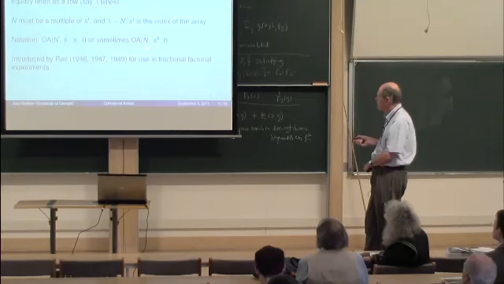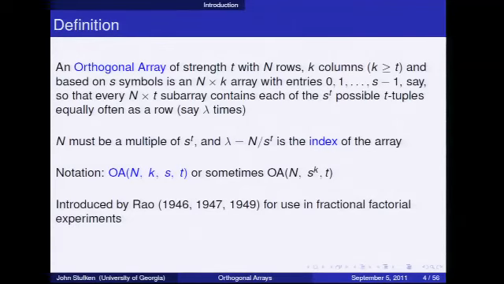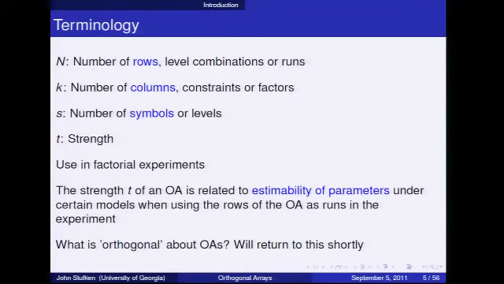And occasionally I switch notation. These orthogonal arrays were introduced by C.R. Rao back in the 40s, mainly for use in fractional factorial experiments, and I'll just say a few words about that later on, but won't spend much time on the application necessarily.